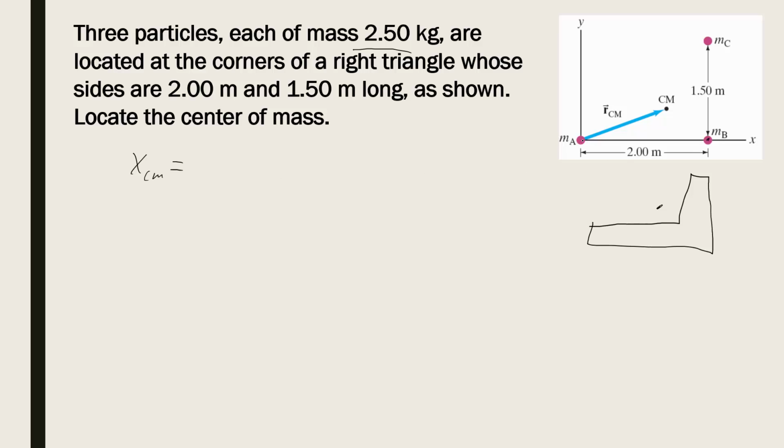MA looks like it's at 0, so I'm going to have M times 0 for that one, plus 2M for the MB and the MC, times the distance, which is another 2. And then I'm going to divide that by the total mass, which is going to be 3M.